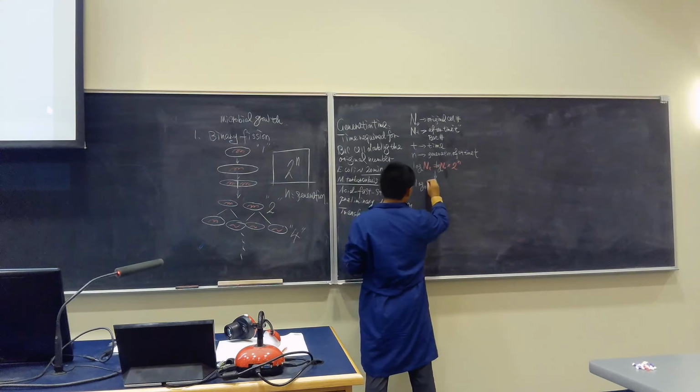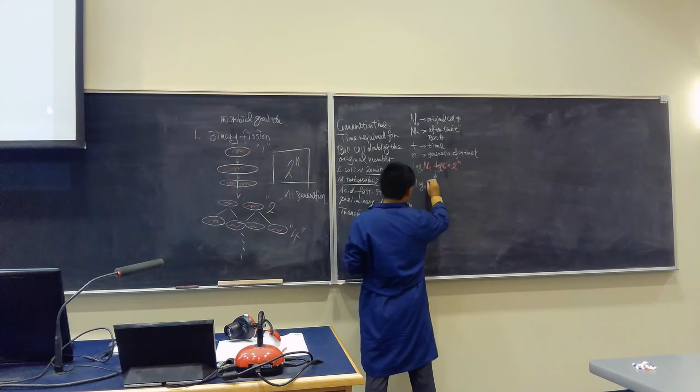Now what is going to happen? When we talk about the generation time, this Nt equals 2 multiplied by N0. So we're going to replace this. When you replace this, what's going to happen?